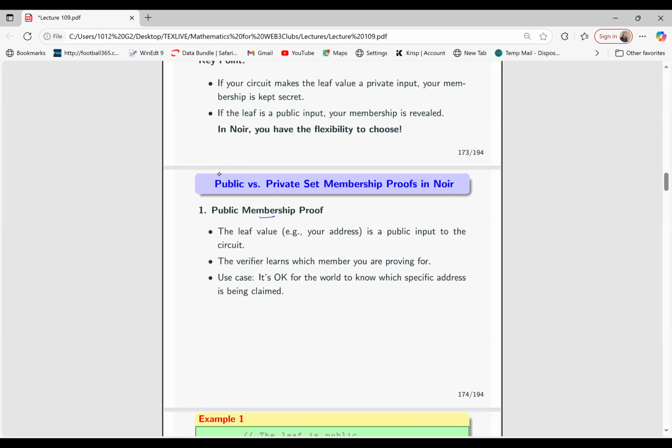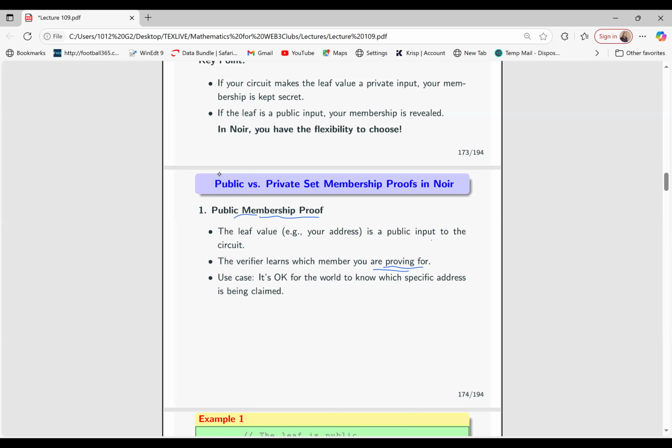For the public proof, the leaf or the address is a public input to the circuit. So the verifier learns which member you are proving. If you make it public, the verifier knows it.